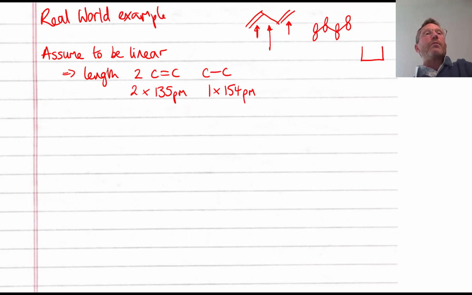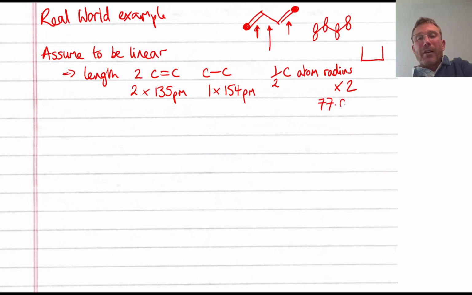And I guess we can think about carbons on either end in here. We actually have to consider that we've got half a carbon at each end. So we're going to say half of the carbon atomic radius at each end, and there are two ends, multiplied by 2. When we plug that all in together, this is actually 77.0 picometers.